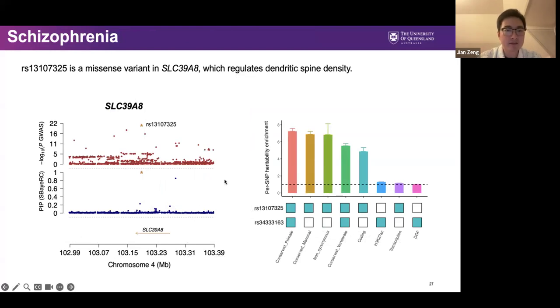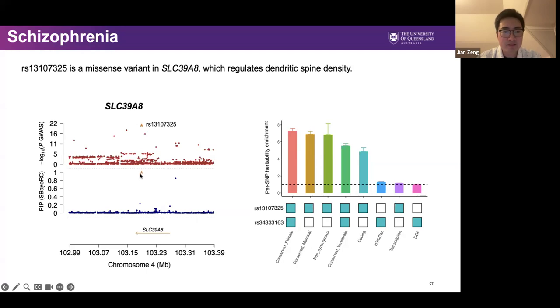One is this famous gene, SLC39A8. This is one of the first genes identified in the earlier schizophrenia GWAS study. And now when we apply these fine mapping methods, it pinpoints the likely causal variant. And this has been well studied in prior functional studies.